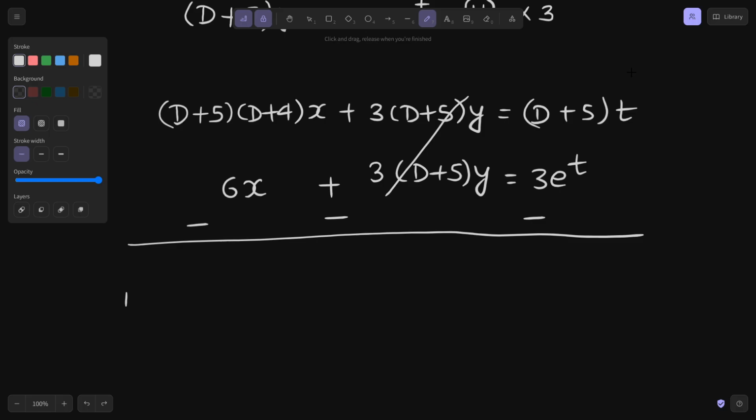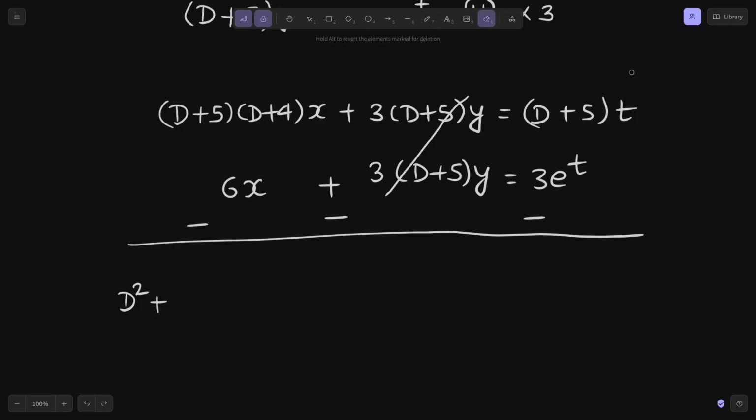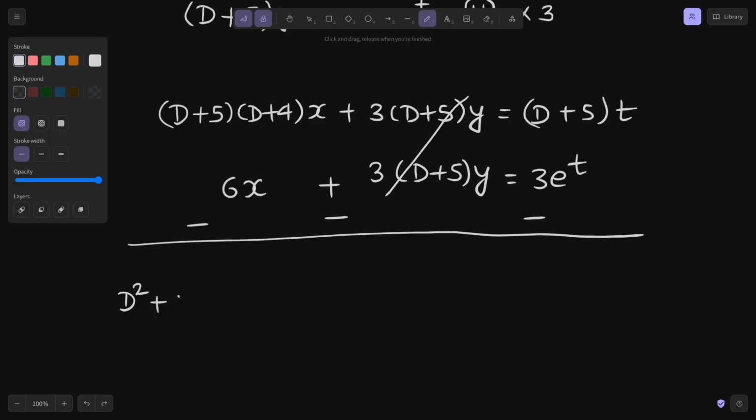So this will become D square, or D2, whatever you say, second derivative, plus 4D plus 5D. So I am straight away writing 9D to save some time and space, plus 20, operating on x. Okay, this is LHS.